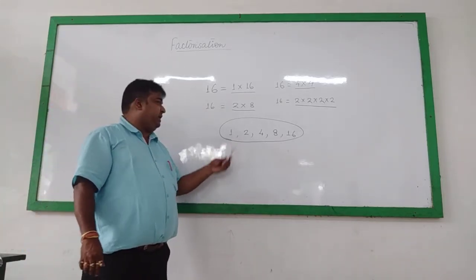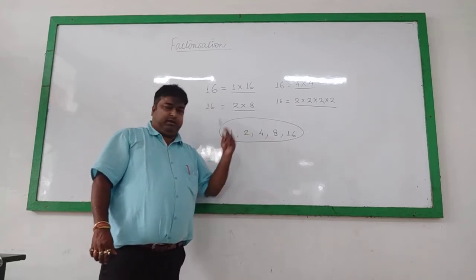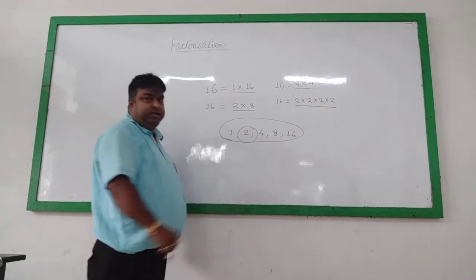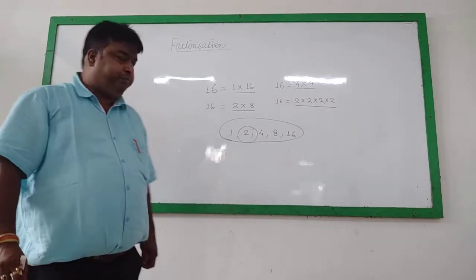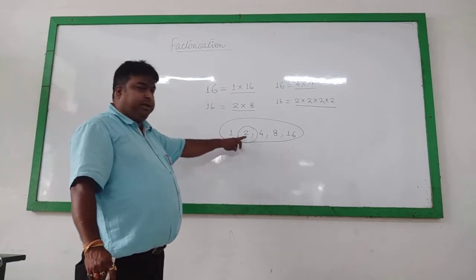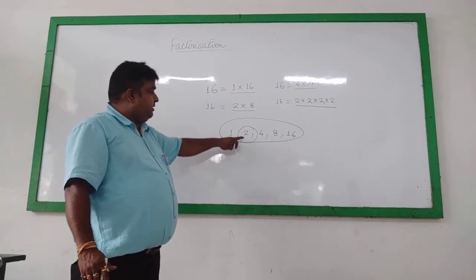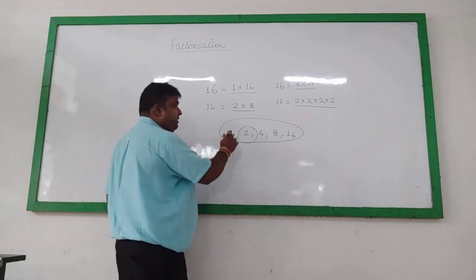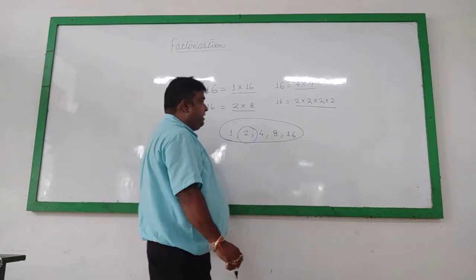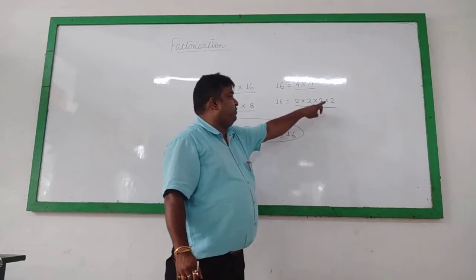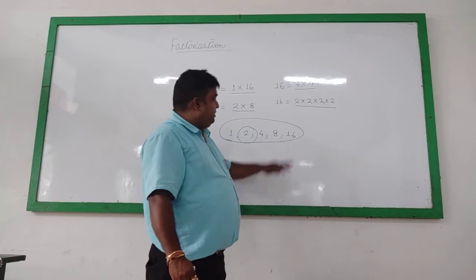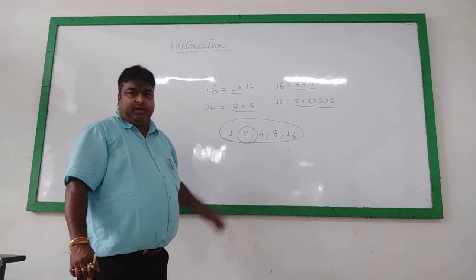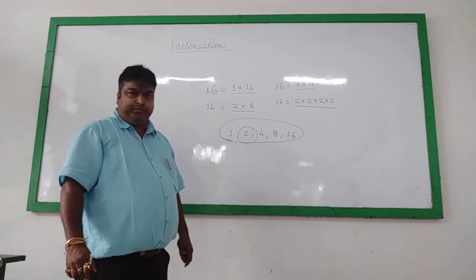Now look here. Among these numbers, 2 is a prime number. In these two types of factorization, 2 into 8 and 2 into 2 into 2 into 2, the prime number 2 is used.